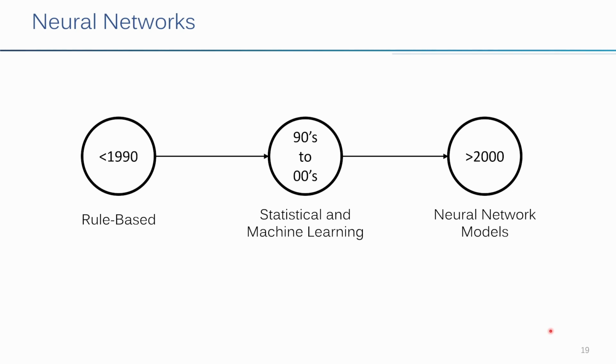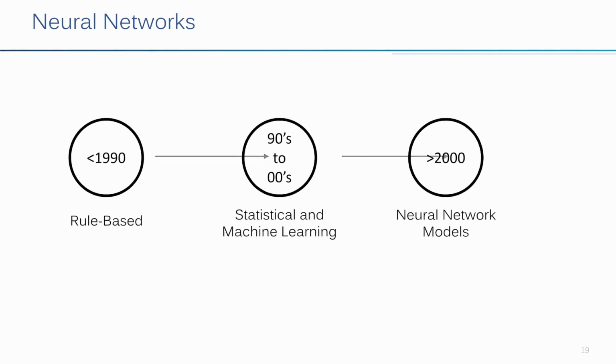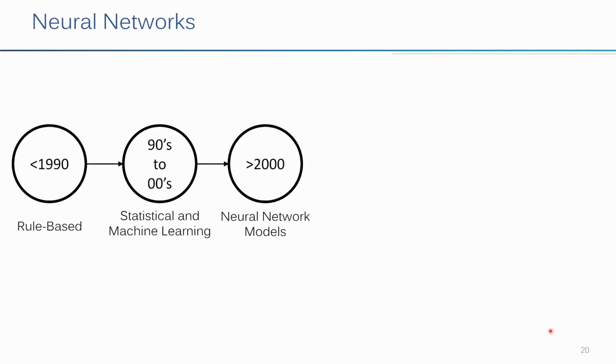Then between the 90s and the 2000s, statistical and machine learning models pretty much dominated, with handcrafted features and classifier models: logistic regression, naive Bayes, random forest, SVMs, and so on. Then starting around the year 2000, we see a shift in the area, not only in NLP but in many other areas, where neural network models start to get more attention.